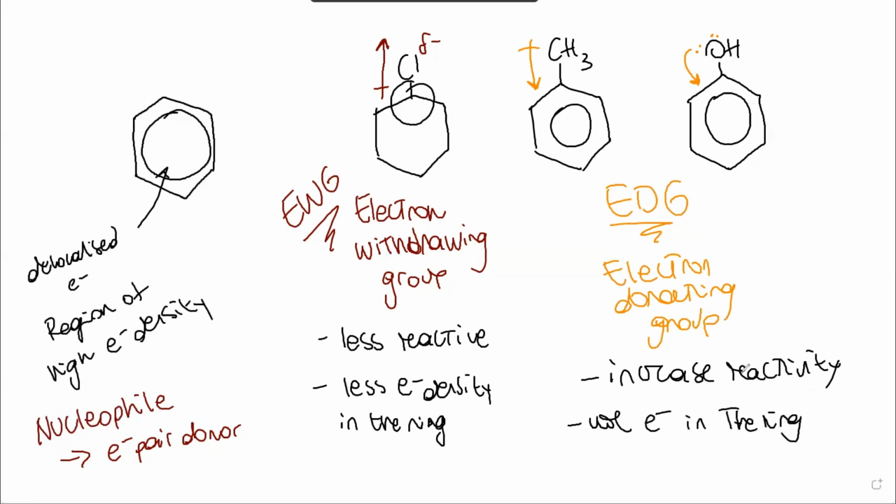We always talk about this movement of electron density. Another example could be anything else that has lone pairs, so amines could be a good example, because again, it has a lone pair that could be delocalized in the ring. This is called a resonance effect.